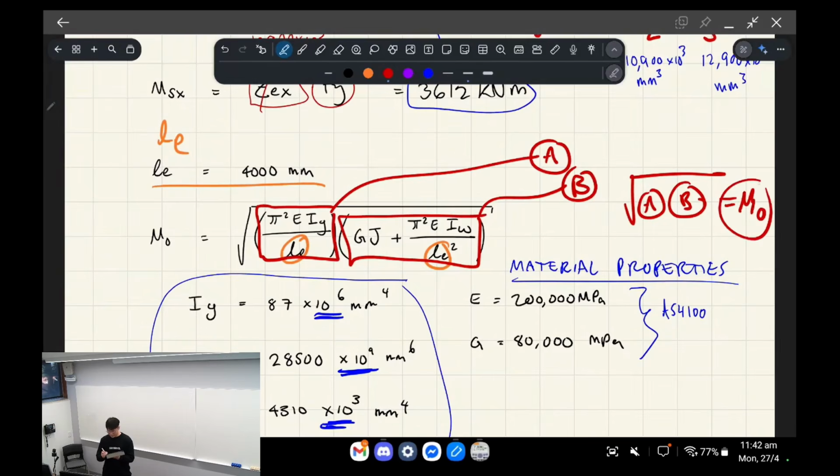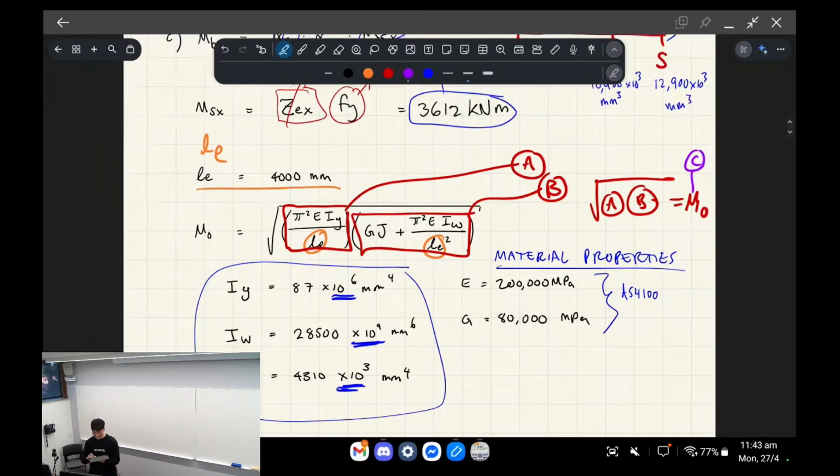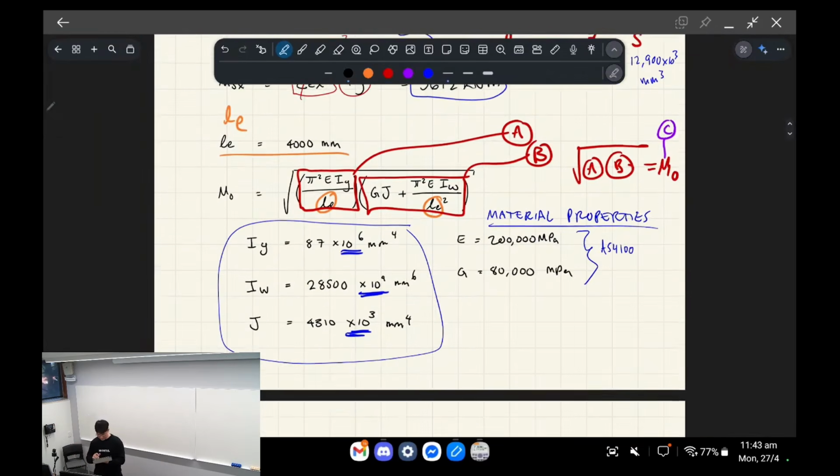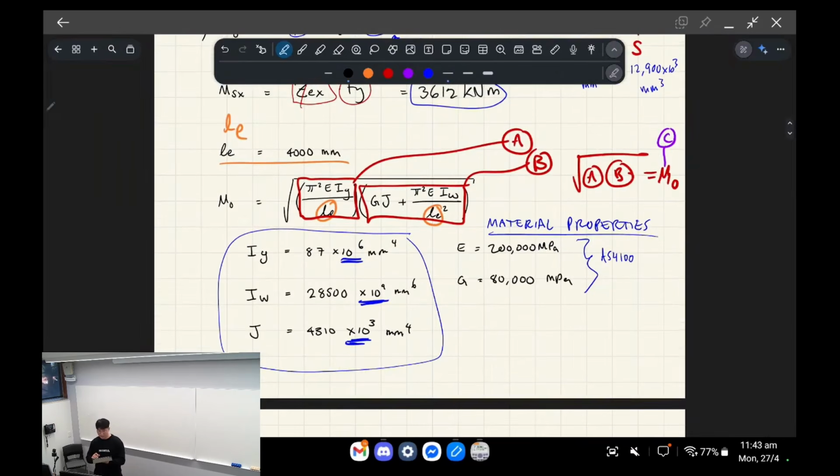I would also store Mo for later, because you're going to need it in the next step, maybe as C. These come with practice, but in your exam this is make or break, because you have to do it very quickly. So I would get used to the routine of typing all these things in.